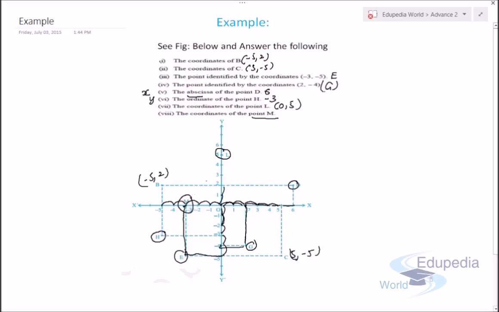Now the point M lies on the x-axis, but it's in the negative direction, so its ordinate will be 0. The ordinate is 0 and x is in the negative direction, so the point will come out to be -3, 0.